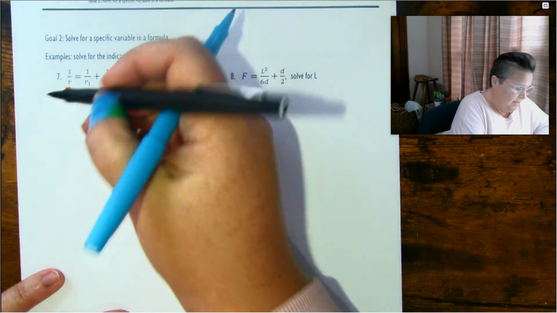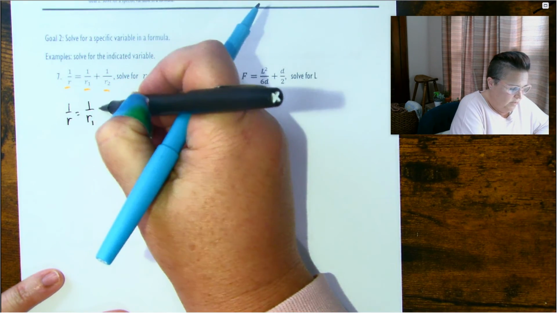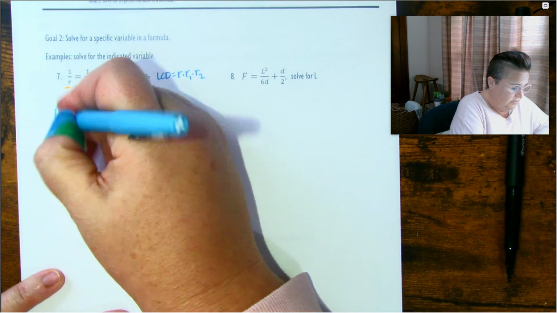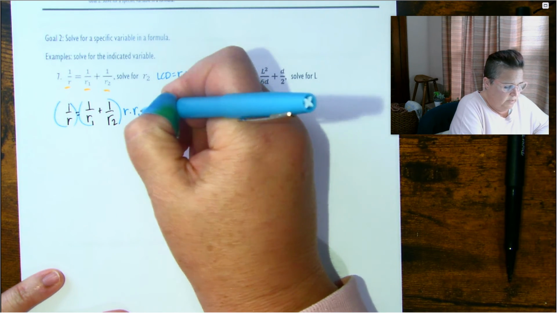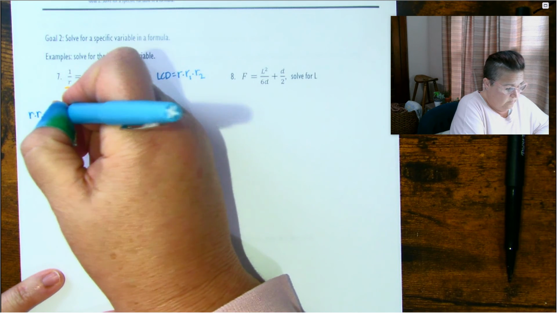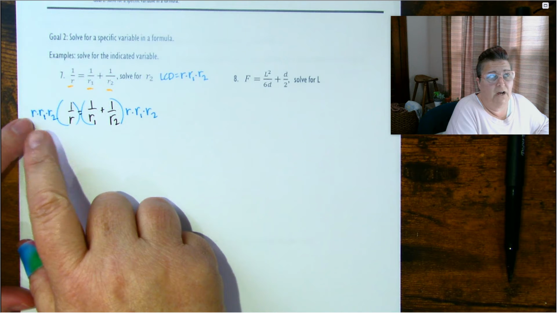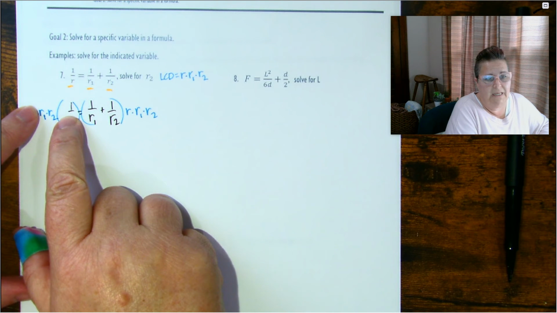So I'm going to take this 1 over R is equal to 1 over R sub 1 plus 1 over R sub 2. I'm going to multiply the left side and the right side by R times R sub 1 times R sub 2. Looking at the far left side, the R is in the denominator, so it would cancel.